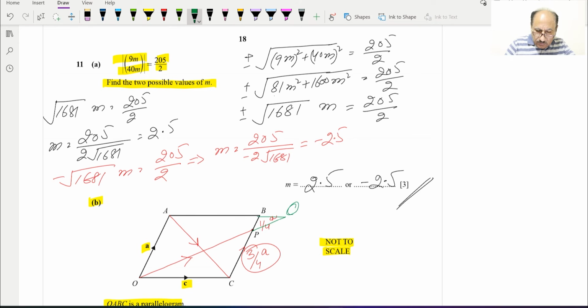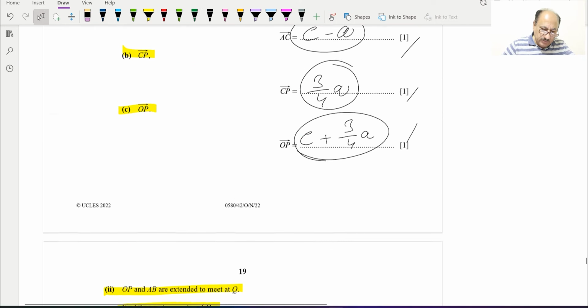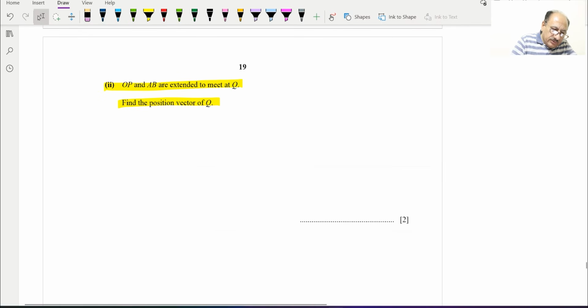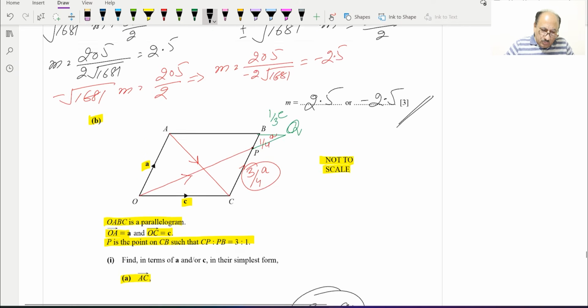So this is basically Q, and because this side is having 1:3, BQ will be equal to 1 by 3 of C, same ratio it will be in this one. So we can write BQ is equal to 1 by 3 of C, and AQ is equal to what?